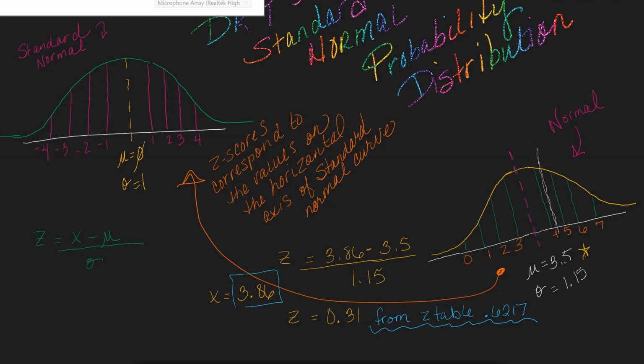All right. Well, under a standard normal curve, a standard deviation is equal to 1. Our z-table tells us that this x value is about 0.6217 standard deviations away from the mean. So let's see, about here maybe? About there. And I'm going to label this with our x value.